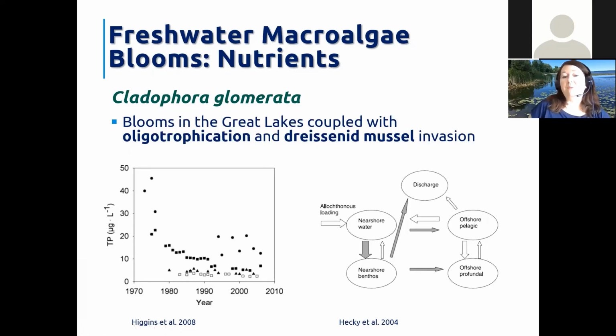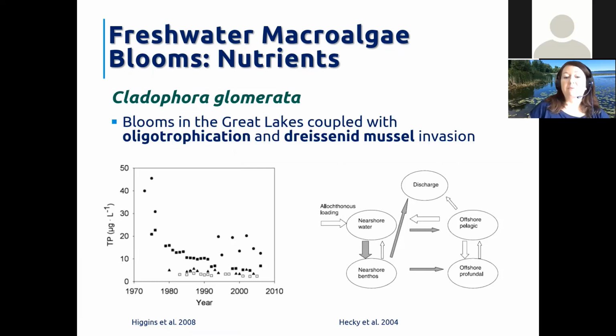And so one big part of this puzzle was the involvement of a major ecosystem engineer in the Great Lakes, which are the Dreissenid mussels, primarily zebra mussels. Now there seems to be a shift toward quagga mussels, so I'll just lump them all in as the Dreissenids.